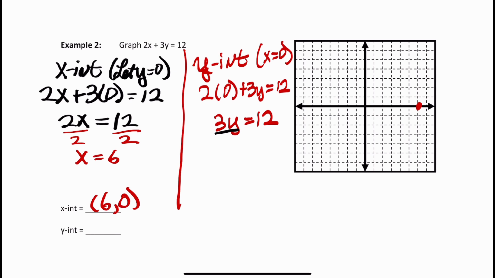Divide both sides by 3, and you get y equals 4. So now we know that we will have a dot on the y-axis at 1, 2, 3, 4. Written in ordered pair form, x is 0 when y is 4. Connect these 2 dots. And what we have drawn is all the solutions to this linear equation.